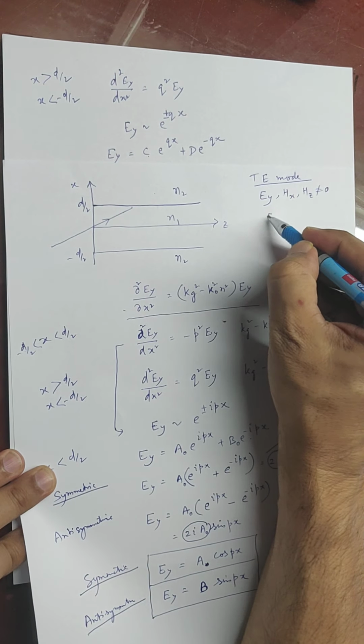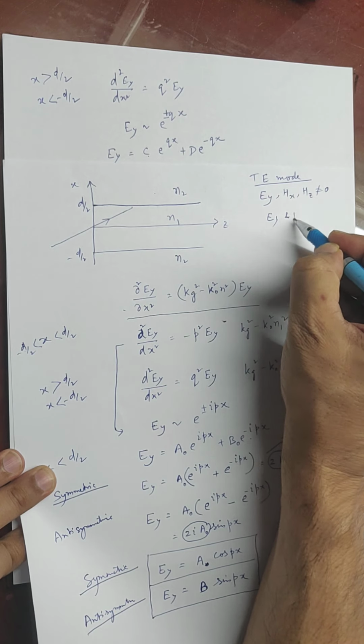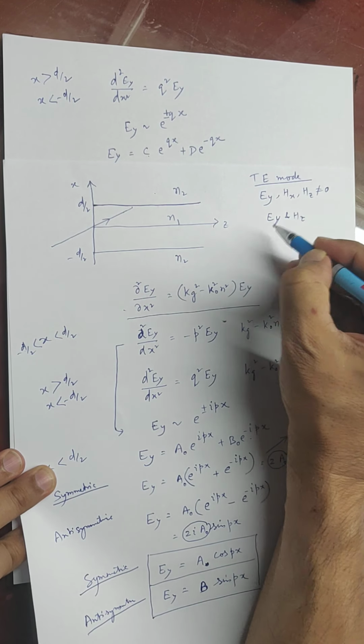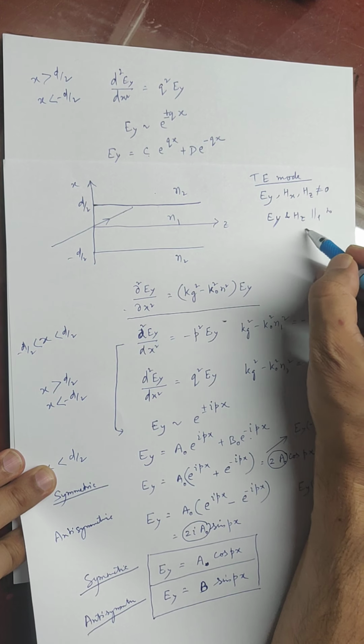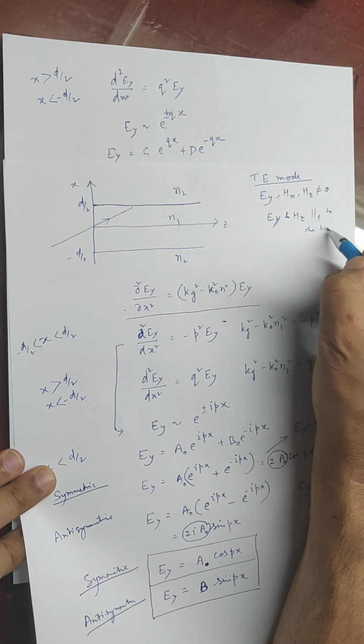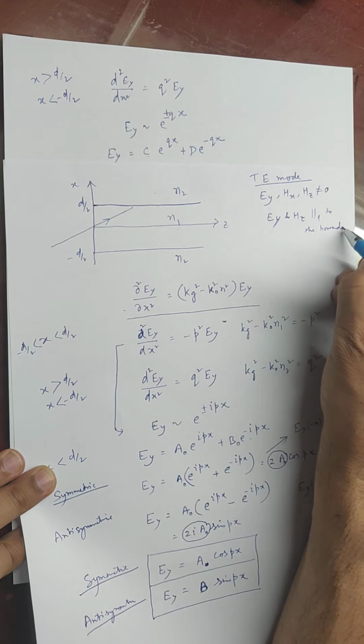Which means that EY and HZ are parallel to the boundary, and that is why they must be continuous across the boundary.